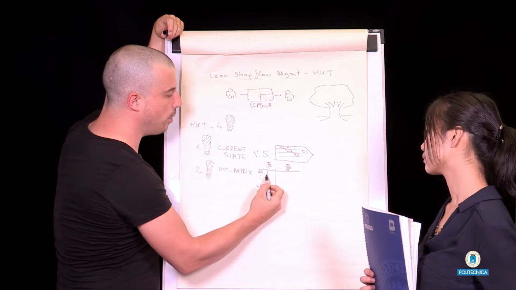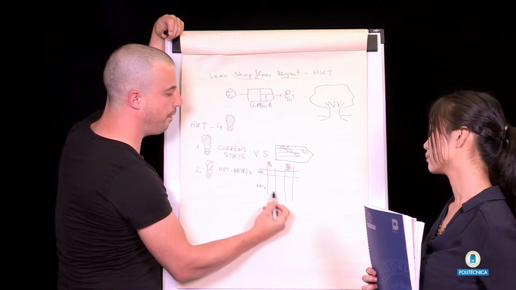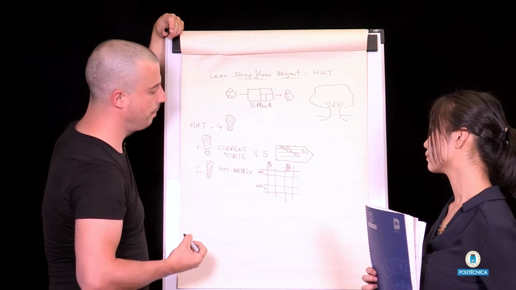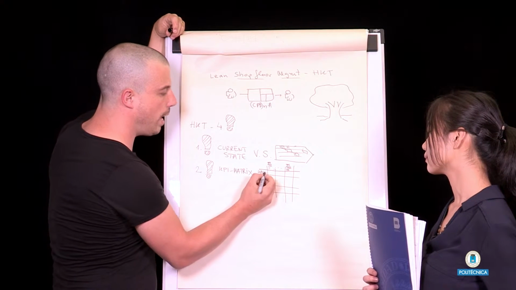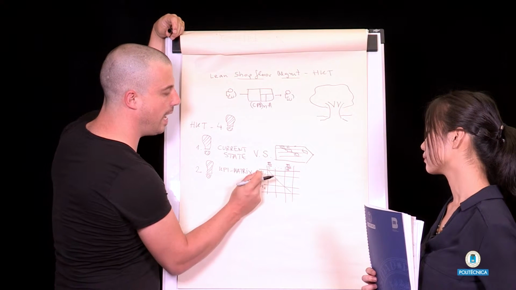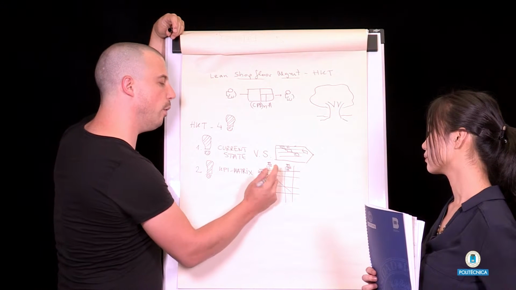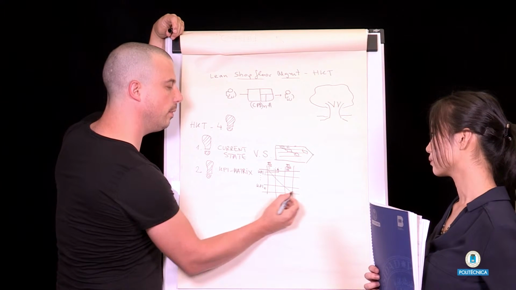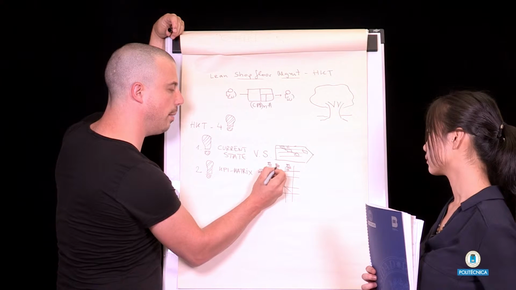And then we create a relationships matrix. We ask, how does KPI 1 influence KPI 2?